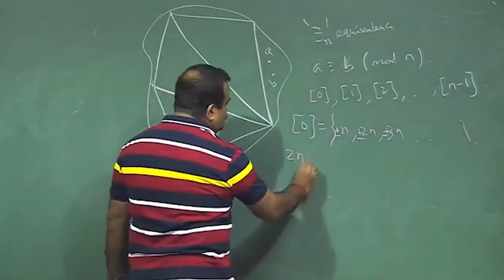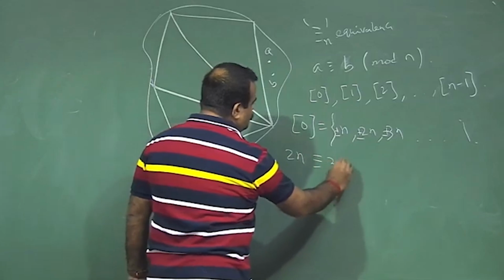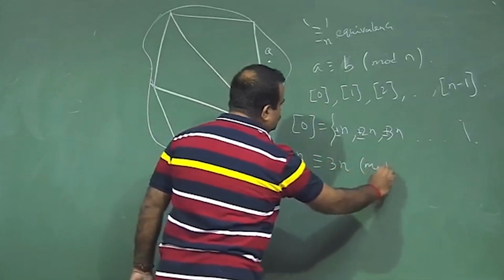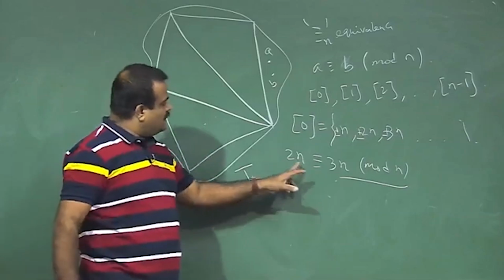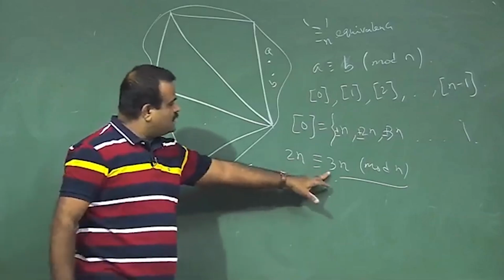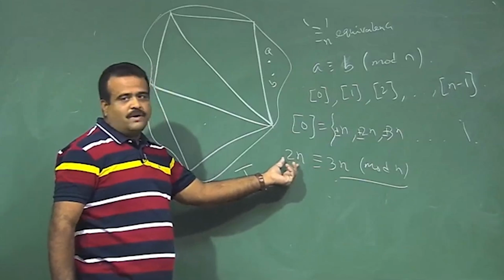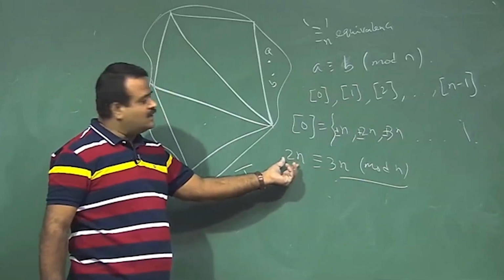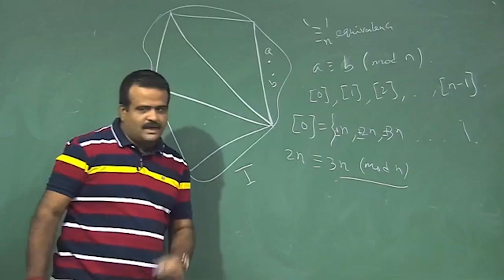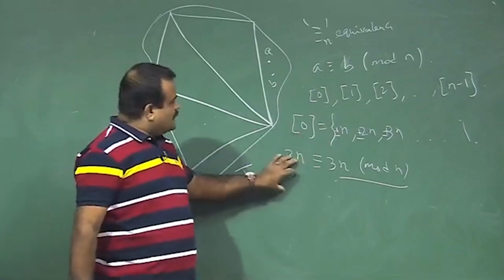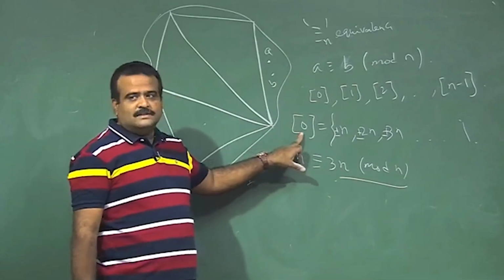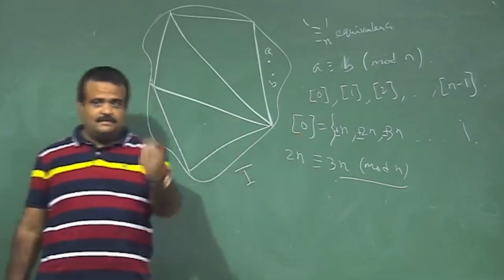That means 2n is congruent to 3n mod n, so they are related, because if we divide 2n by n the remainder is 0, and if we divide 3n by n the remainder is also 0. So they are in the same class, and that class we denote by 0, because the remainder is 0.